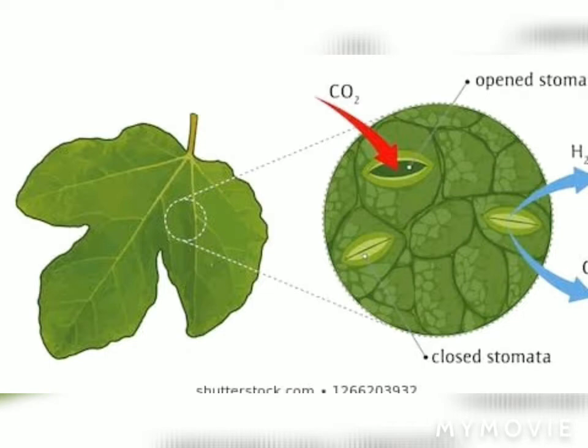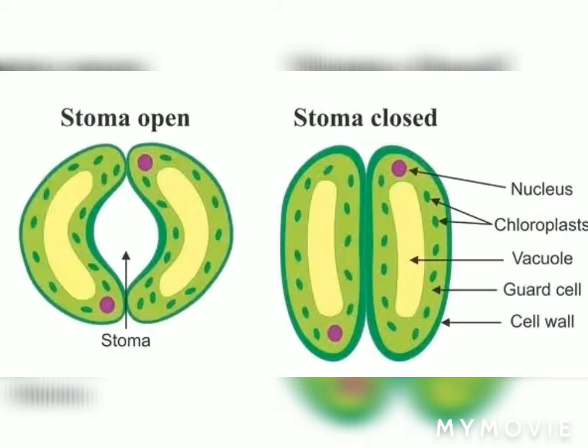Carbon dioxide from the air is taken in through the tiny pores present on the surface of the leaves. These pores are surrounded by guard cells. You see guard cells surrounding these pores, and this pore is called stomata.